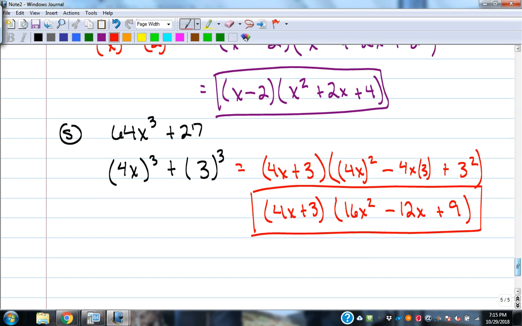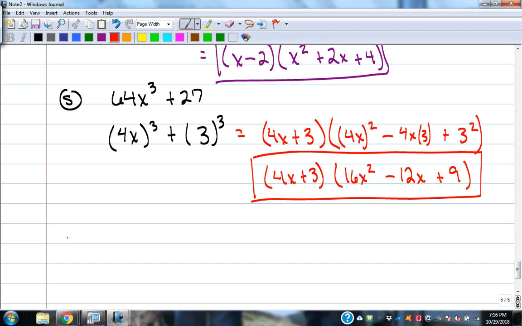Let's do another one that's got other numbers in it. Let's say we had 125x to the third plus 1. 1's a cubic number.